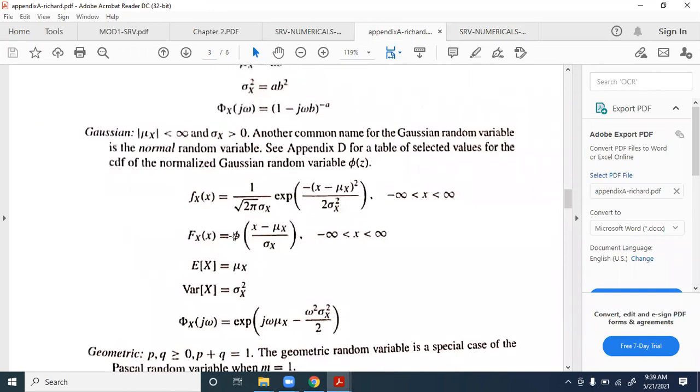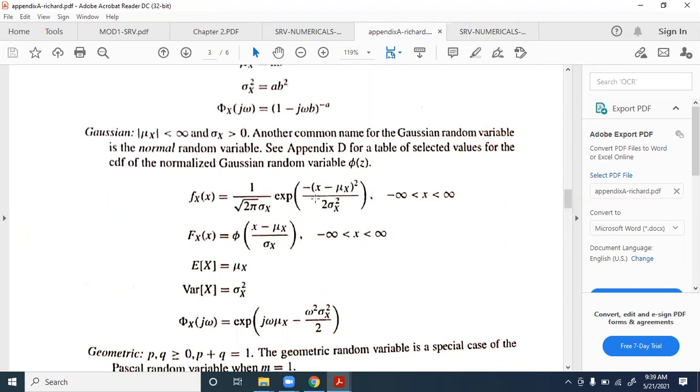So here we have the function F x of x is equal to phi of (x minus mu x) by sigma x. We might have to use this function to get the final value over here.